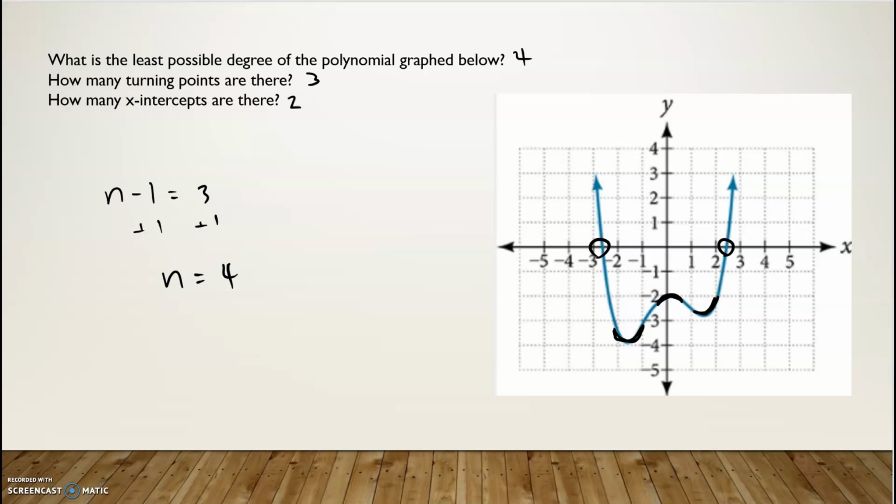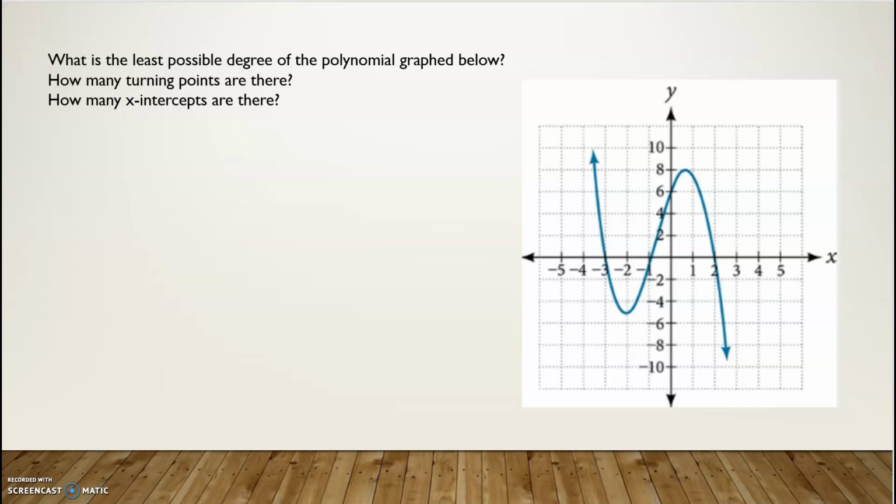What I do is count the number of turning points, and then I just add 1 more, and that gives me the degree of the polynomial. That's the least possible degree. It could be 4 or bigger, but that is the smallest possible number for the degree of this polynomial.